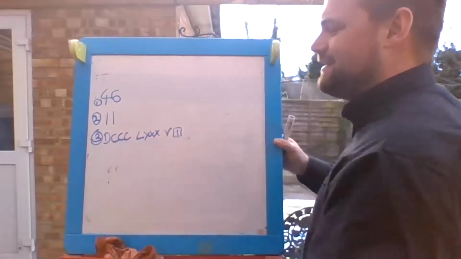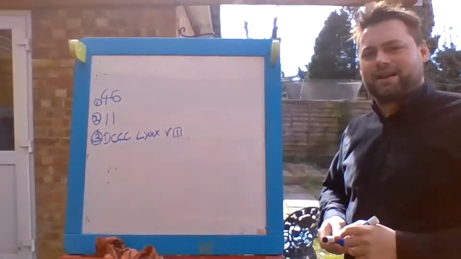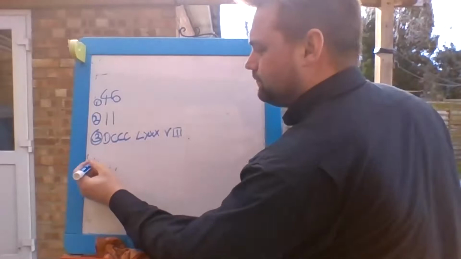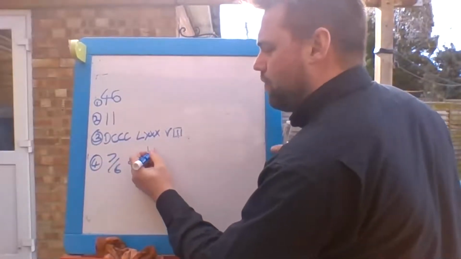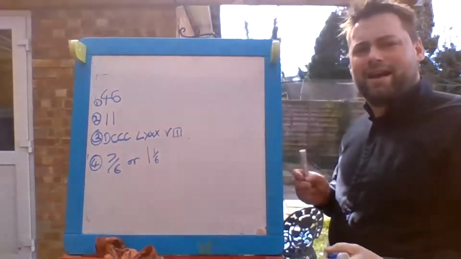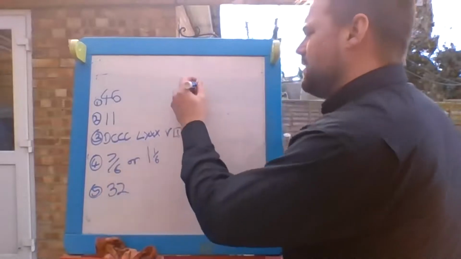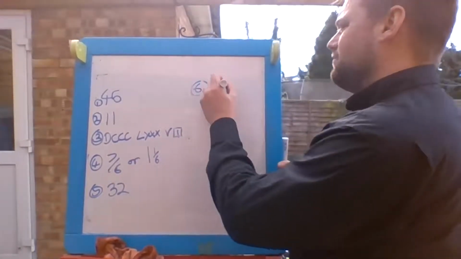So we get DCCCLXXXVIII. 5/6 plus 2/6 is equal to 7/6, or you could have 1 whole and 1/6. Then 4 times 8 is equal to 32. Question 6, 64 divided by 4 is equal to 16.